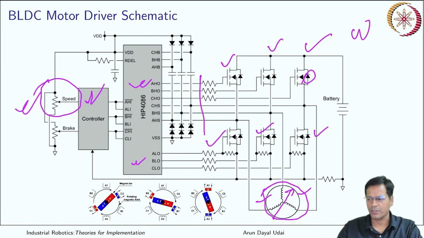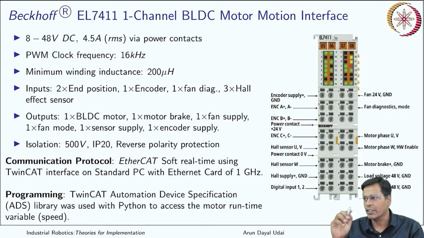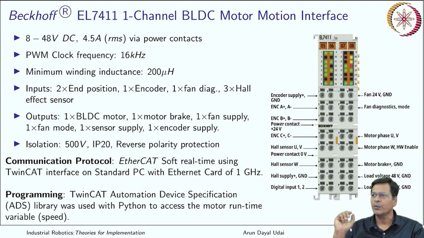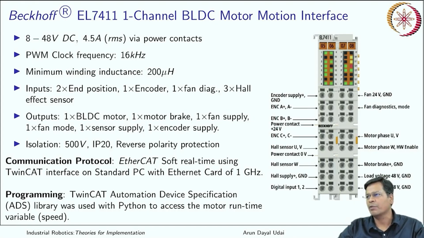So yes, I have this Beckhoff 7411 BLDC motion interface, that is the driver, which can do this task for you. In industry, this kind of controllers are there. This can run at 8 to 48 volt DC with maximum RMS current of 4.5 ampere via power contacts which it has.